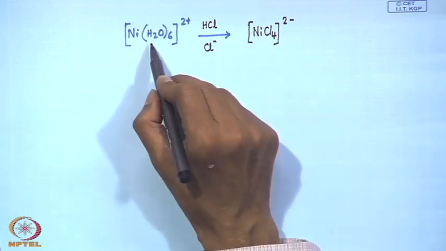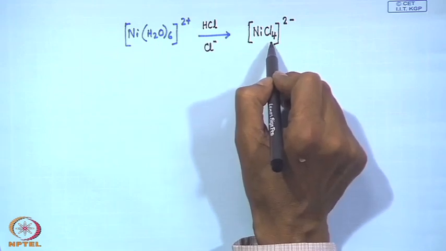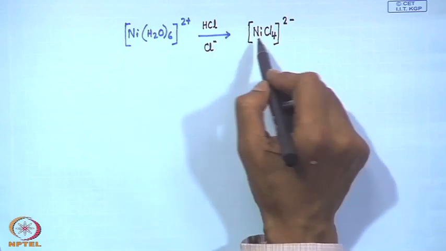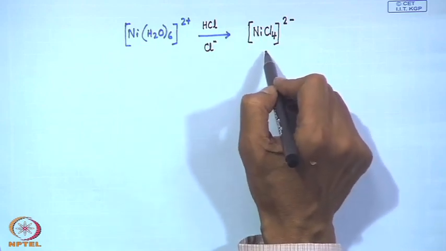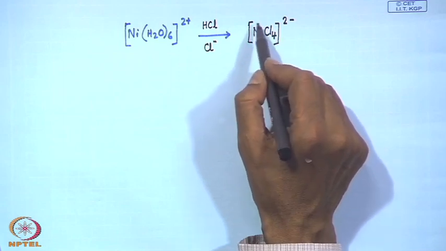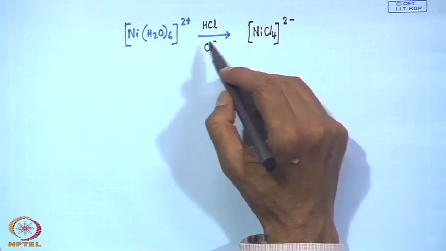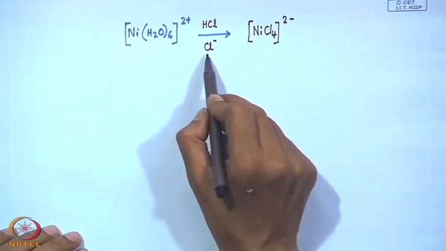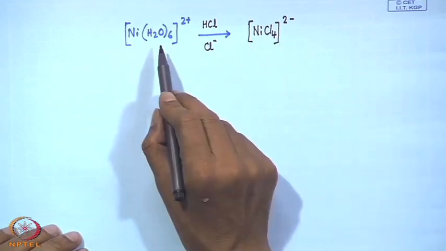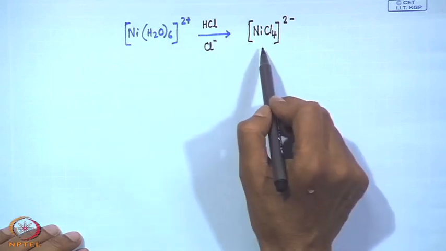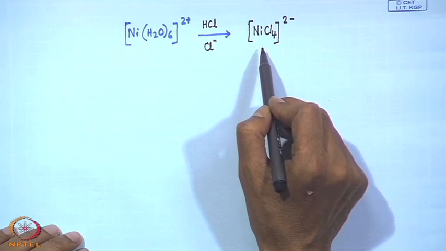So the substitution of water by this chloride anion is possible, and we get a change from one geometry to another, which is very easy to make. This is not only true for nickel, but also for cobalt and many other metal ions, where supply of Cl minus to a water solution of the salt can give the corresponding tetrachloro complex.